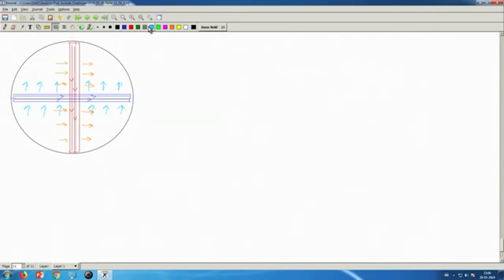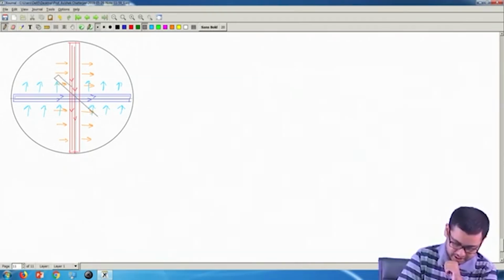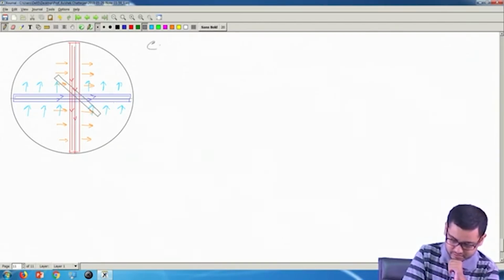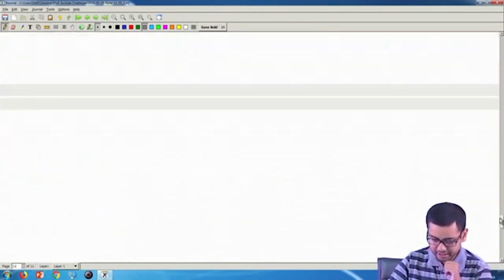So the third coil is here. Let me take the length of this coil to be much smaller, like this. I do it on purpose. So this is the third coil. I'll say the cross section area of this coil is A. Cross section means which area?